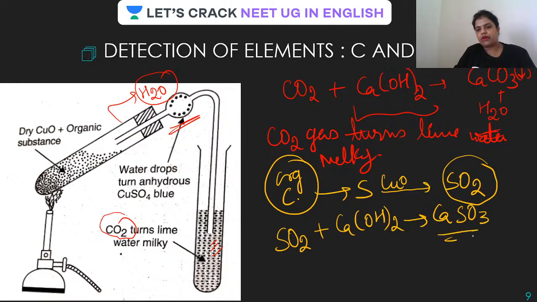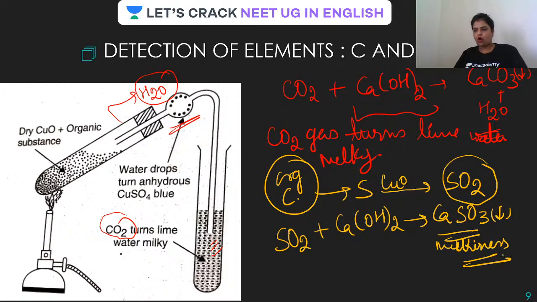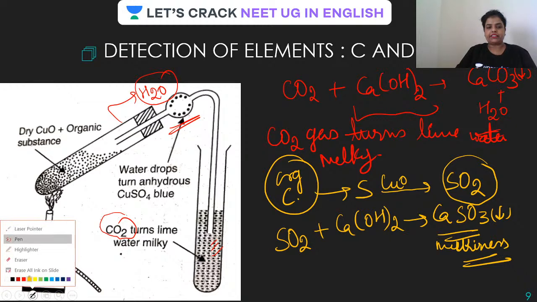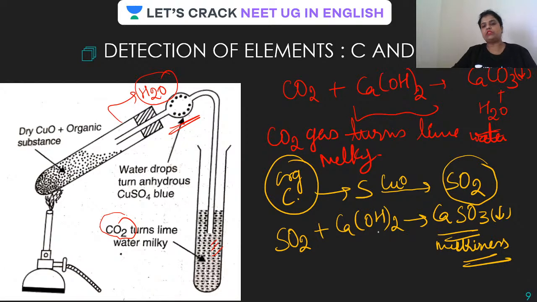Calcium sulfide. This causes milkiness. Okay. So how to differentiate then? Yes, guys, how to differentiate it? Let me tell you how to differentiate SO2 and CO2, guys.